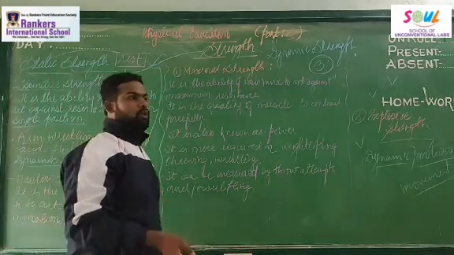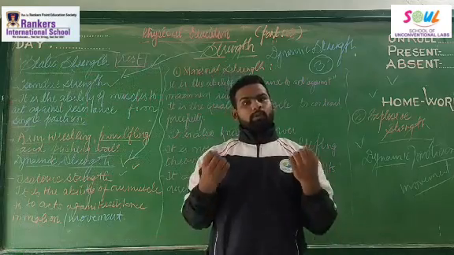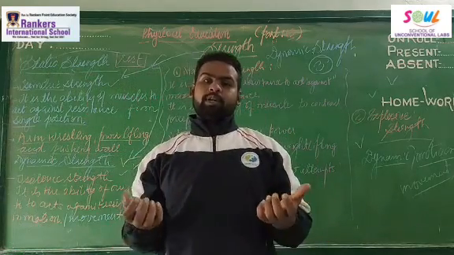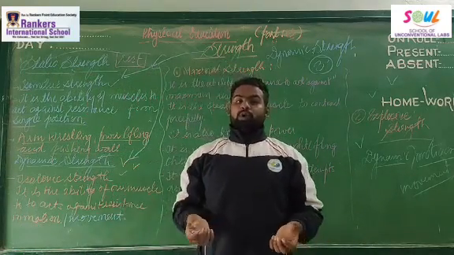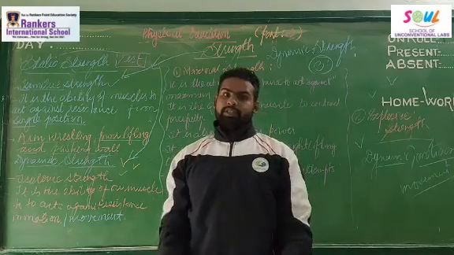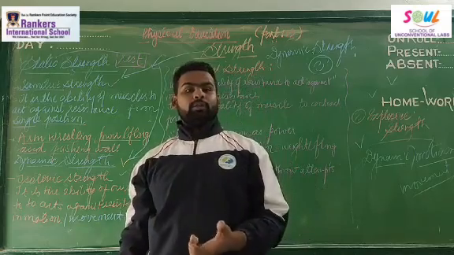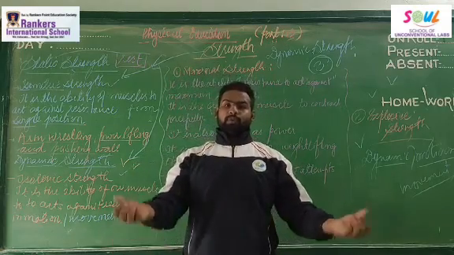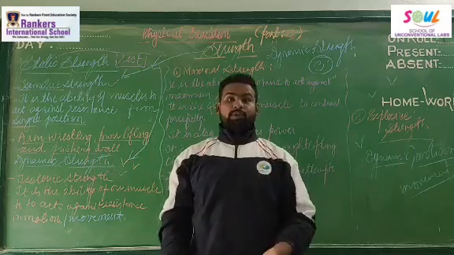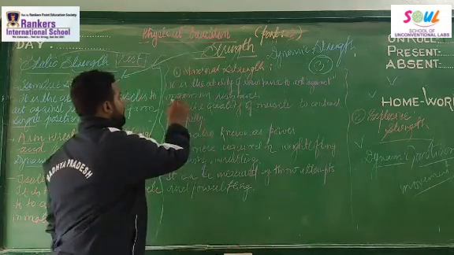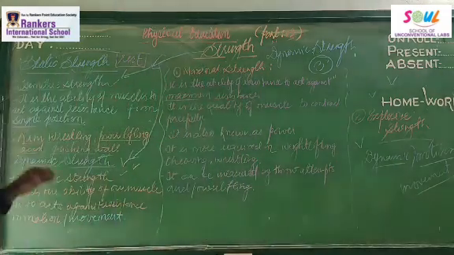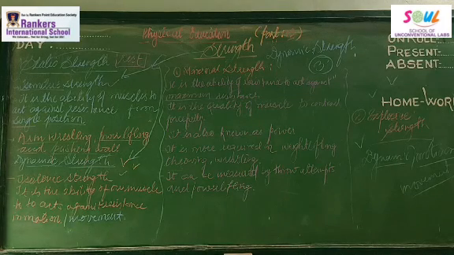Let's say if I told you to push a 5 kg weight, you will be easily able to push it. If I told you to hang a weight of 10 kg, it becomes a little bit difficult. If I told you to hold 70 kg of weight in your hands, it becomes difficult, and that is maximum resistance.